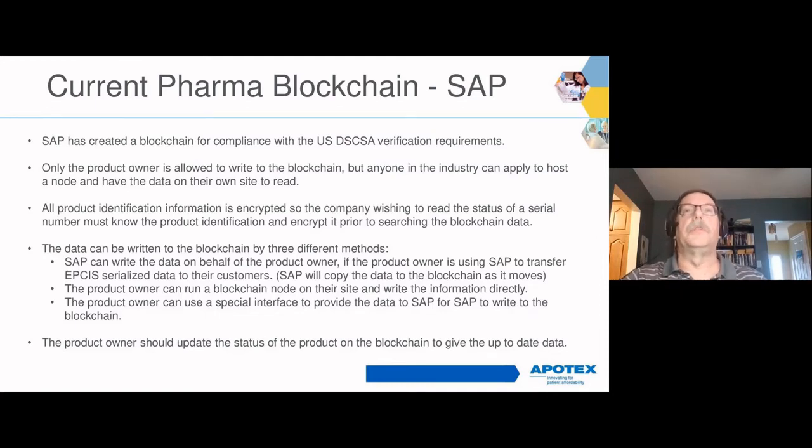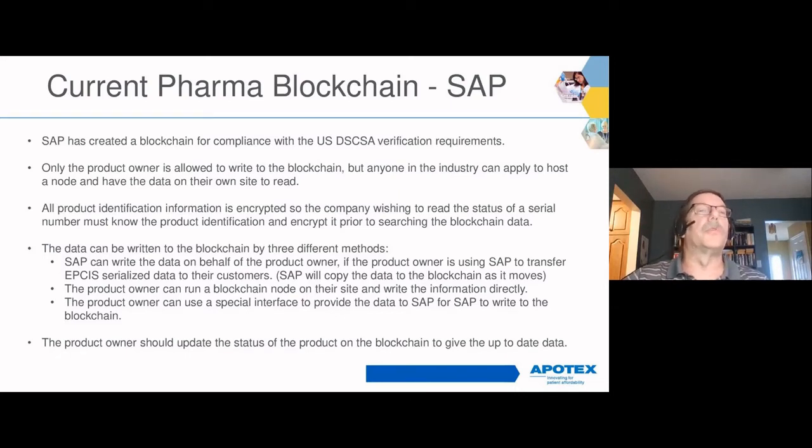And in terms of this particular implementation, other than the product identification info, there's a current status of the product, which will tell you if the product is still active, or if the product's been dispensed, or it's been decommissioned or destroyed.